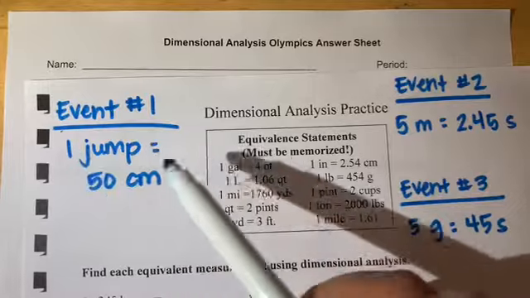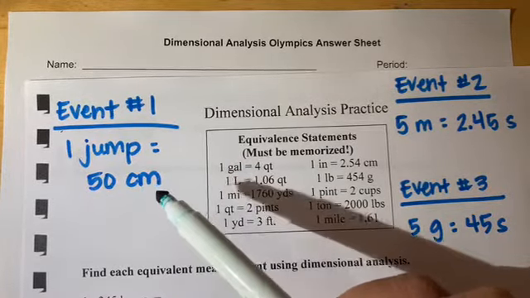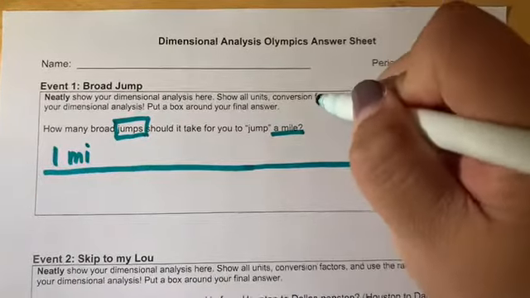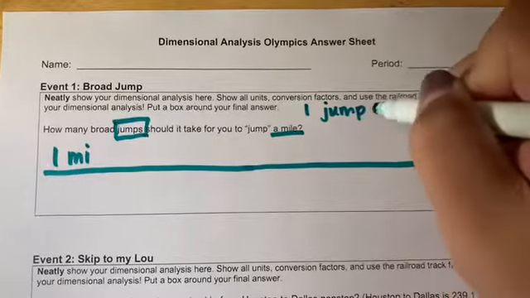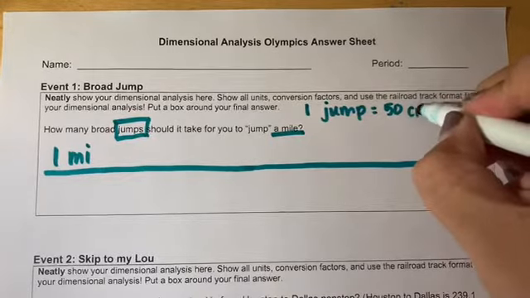I'm going to use this conversion factor from yesterday's data. Off to the side, I'm going to write that from my lab yesterday, 1 jump is equal to 50 centimeters for me.